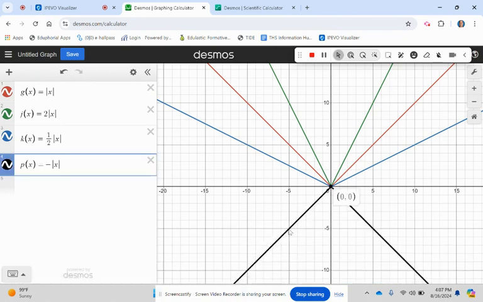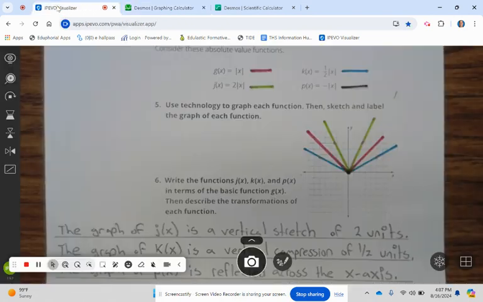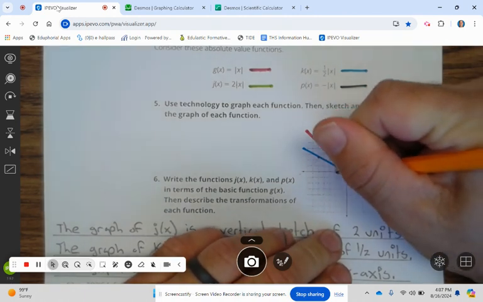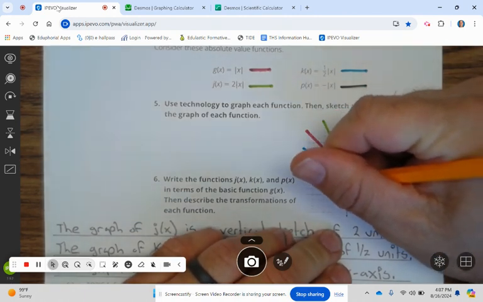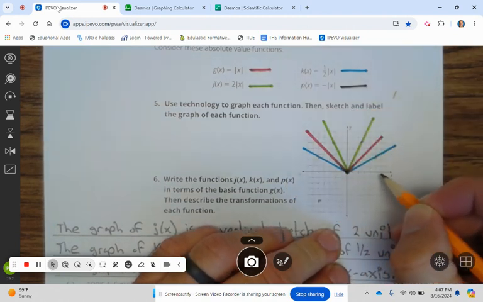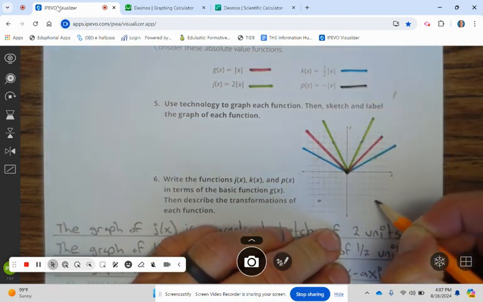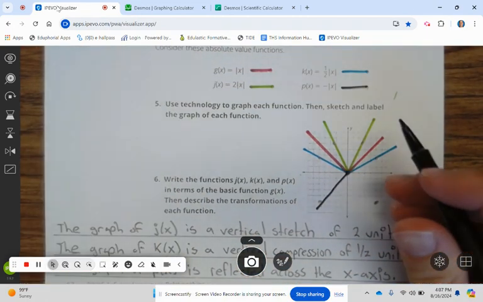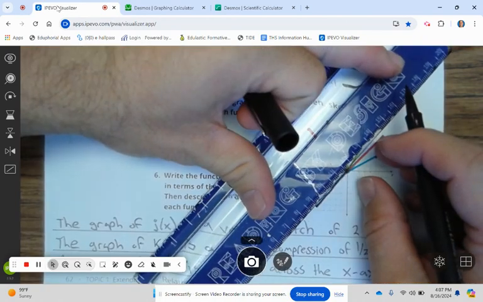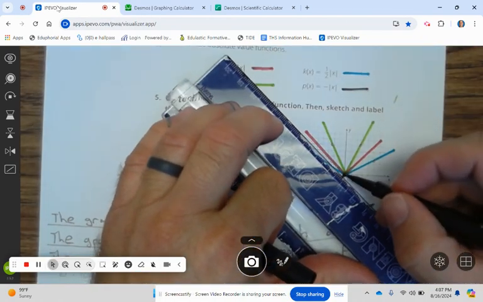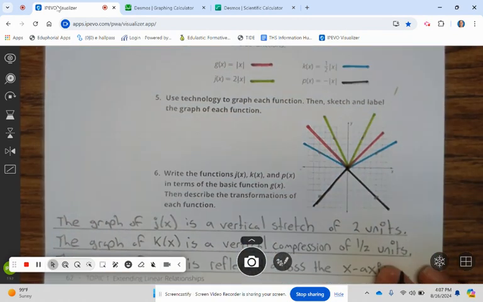So 0, 0 is good, negative 5, negative 5, and 5, negative 5. I believe we said that's in black. All right, go ahead and finish up the graph.